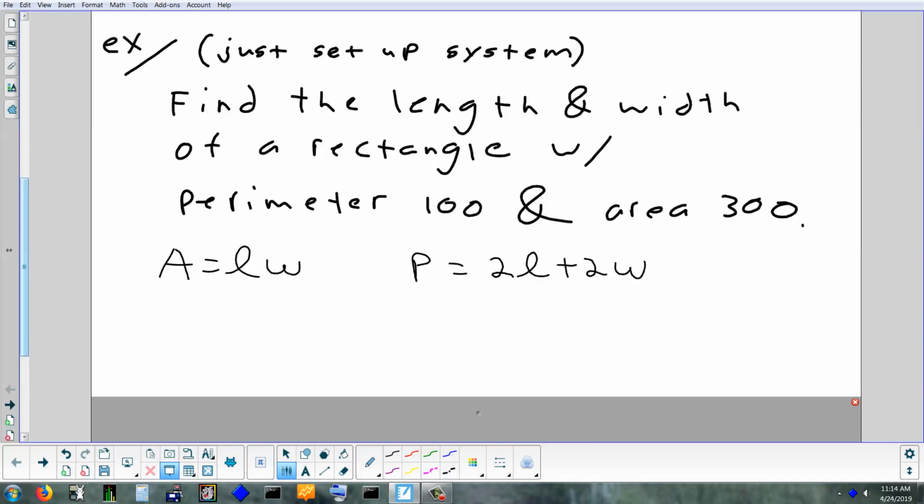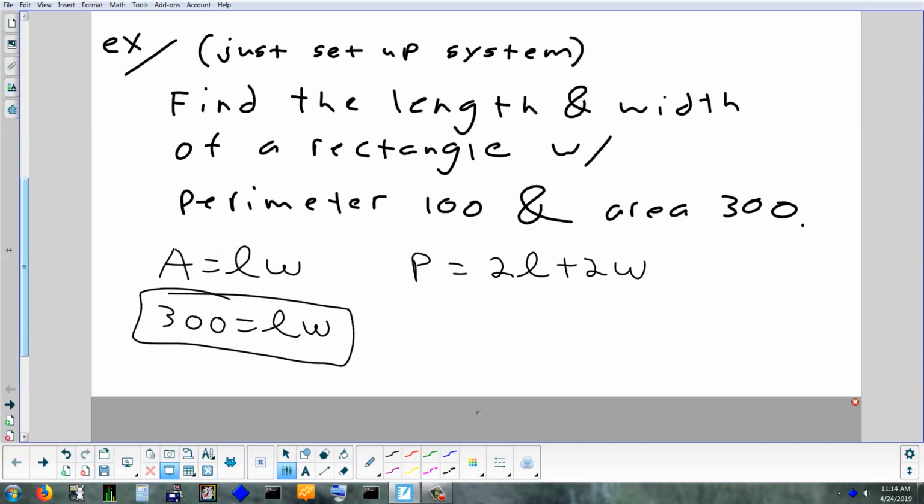Let's start with the area equation. If I fill in what I know, as much as you can, what will this equation look like? 300 equals L times W. Now, if that's all you knew, I'd say there's an infinite amount of answers. It's an underdetermined system.